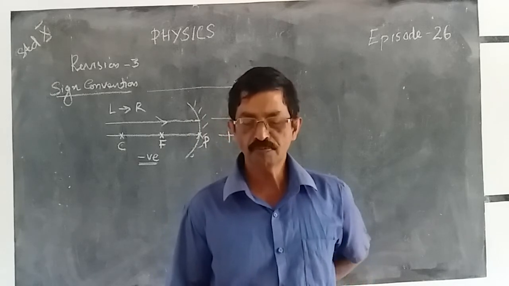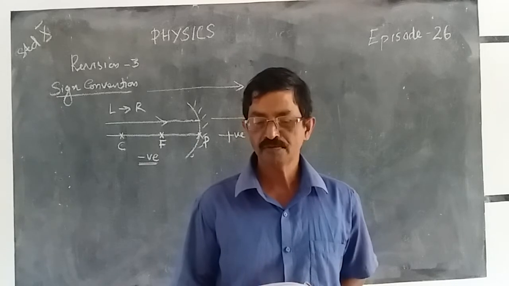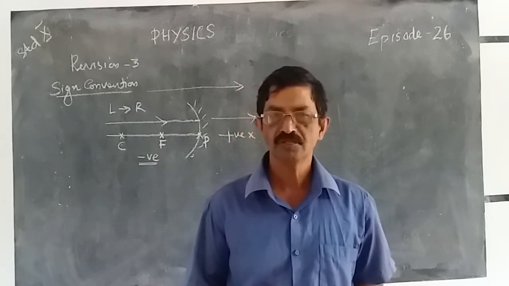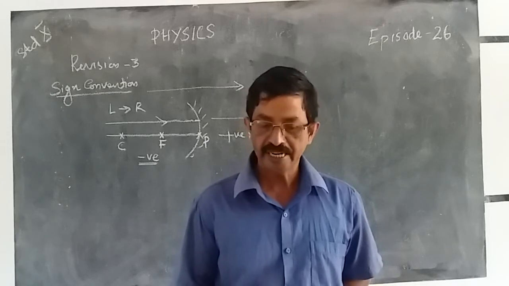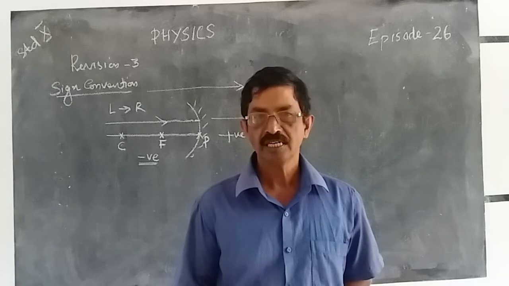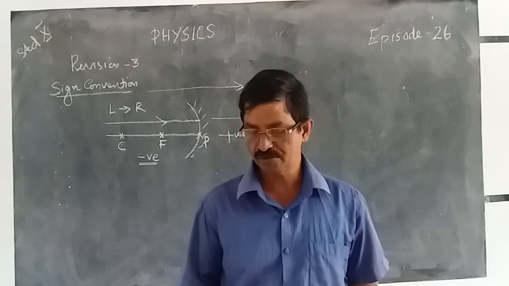Now, I hope you got an idea about the answers to these two questions. Next question: distance in which direction is positive and distance in which direction is taken as negative?